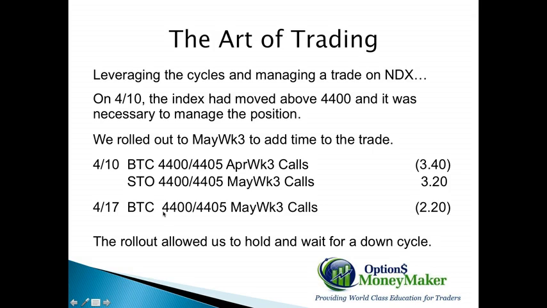On the 17th of April, where we would have run right up against April week 3 expiration, we were offered an opportunity to close the May week 3 position. We paid back $2.20 to close that. This rollout allowed us to hold and wait for the down cycle.